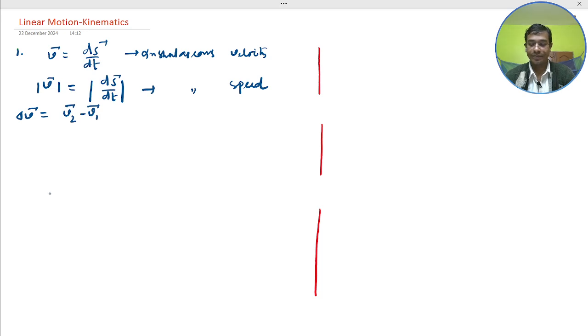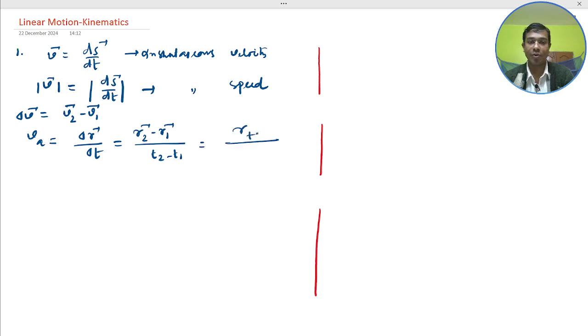Average velocity: v average is equal to displacement delta r by time taken delta t, which is r2 minus r1 divided by t2 minus t1. And the average speed is total distance traveled, r total, by total time, t total.